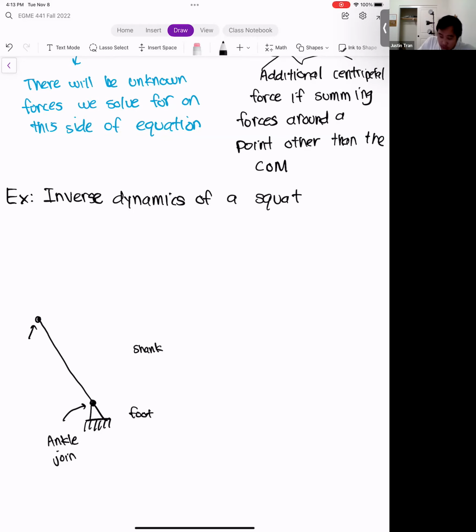The shank is connected to the knee joint, and the knee joint connects the shank to the next leg segment, which is the thigh. Then attached to the thigh is the hip joint. And attached to the hip joint, we're basically going to lump together the entire upper body.